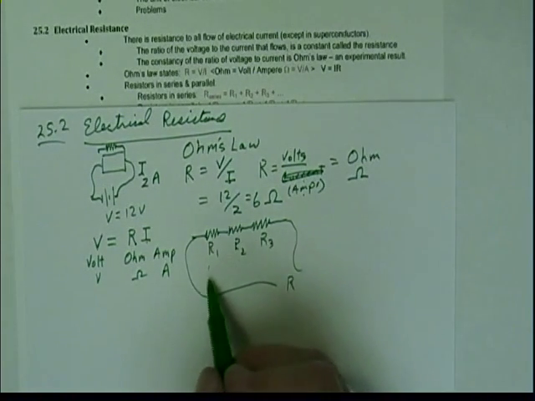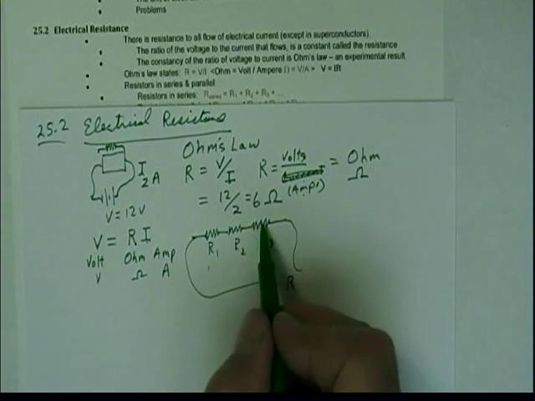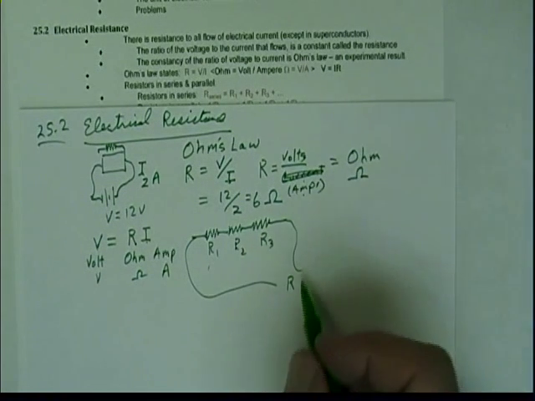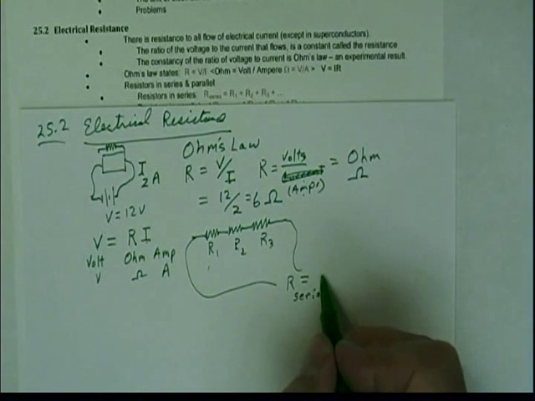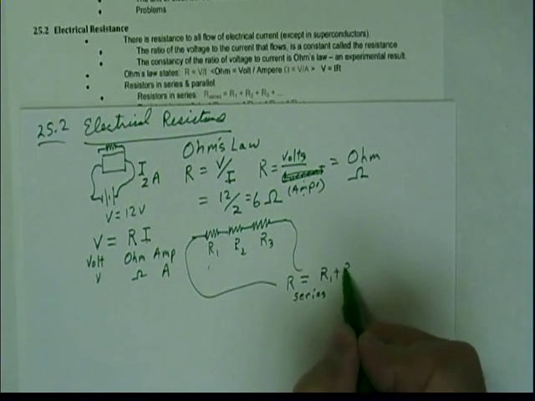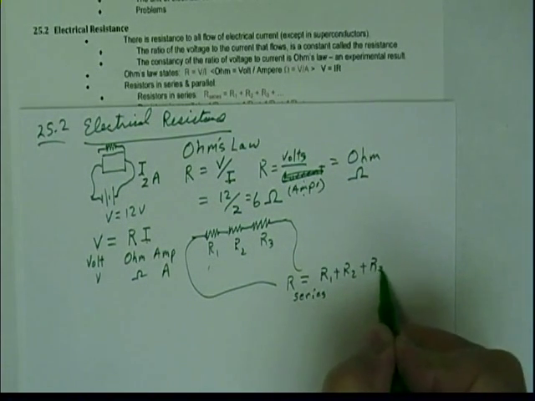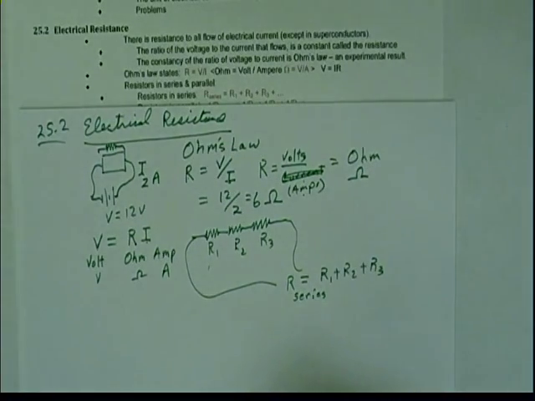Obviously, the current has to go through this one, then this one, and then this one, so the resistance is going to be greater. Well, it turns out that if they're in series, as I have written here, it's simply R1 plus R2 plus R3. It's the simple sum of these.